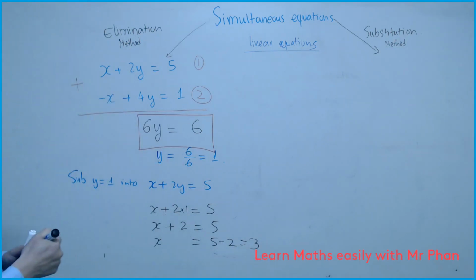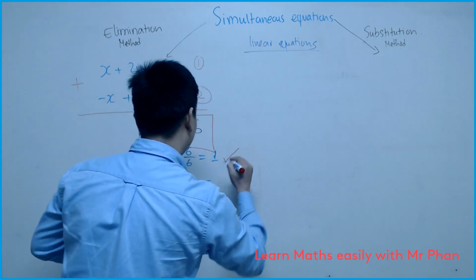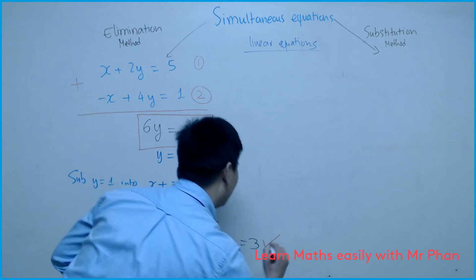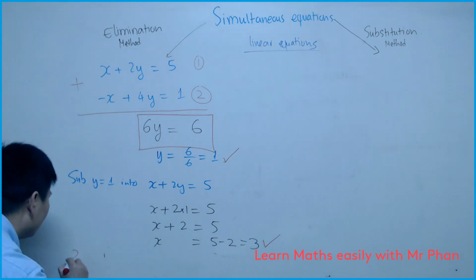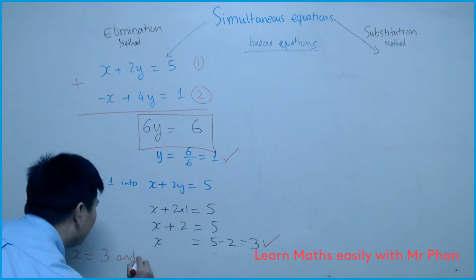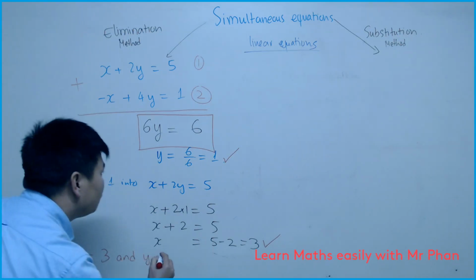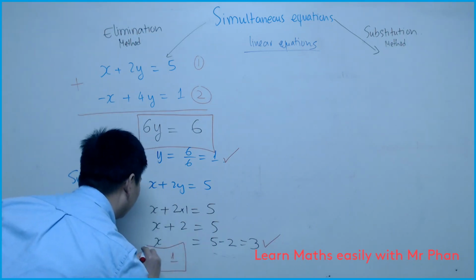Okay, so I'm going to finish. That one is y, and this one is my x. After that, you can write the solution here. The intersection is x equals 3 and y equals 1. This is your answer.